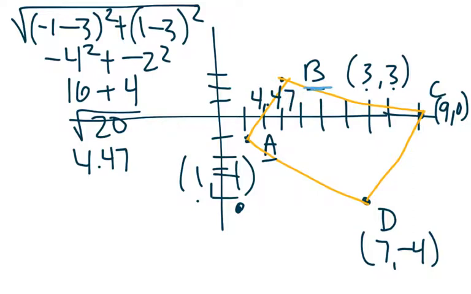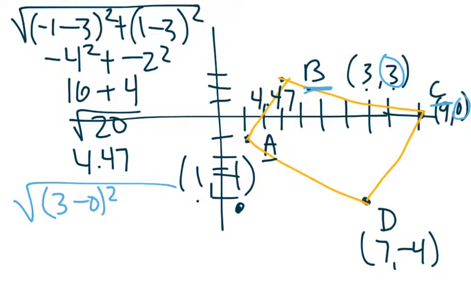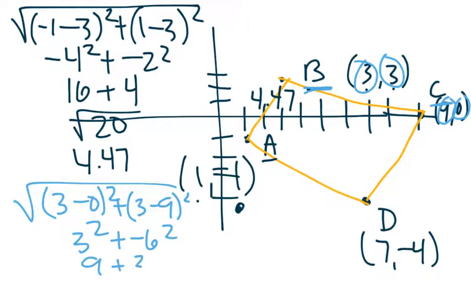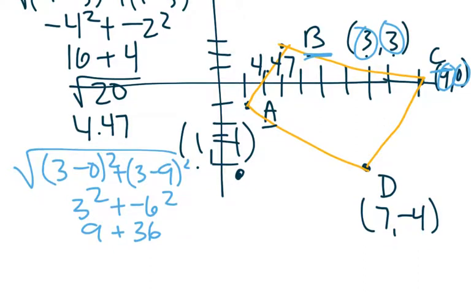Then we do the next one, so B and C. So a y value of 3 minus a y value of 0 squared plus an x value of 3 minus an x value of 9. So I get 3 squared plus -6 squared, so 9 plus 36, which would give us 45. So the square root of 45, which is about 6.71.